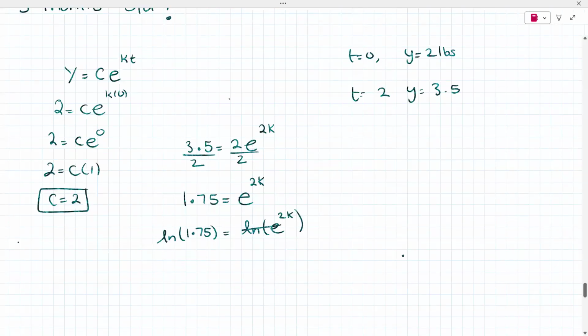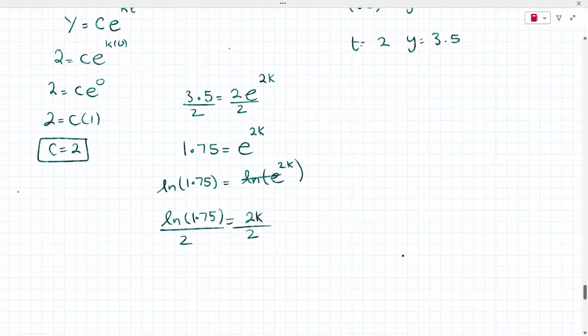The ln e cancels, and you're left with 2k. And then this is the ln of 1.75. Divide this by 2, divide this by 2. Okay, so that's your k value.